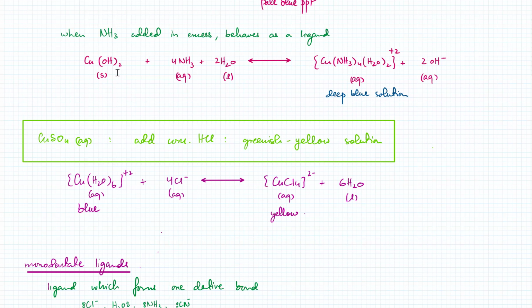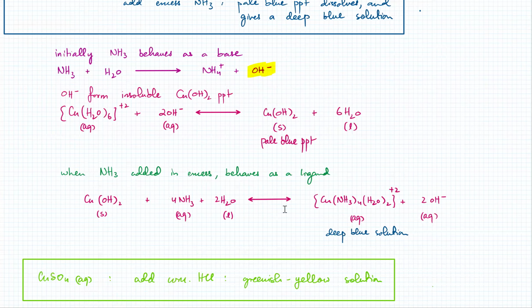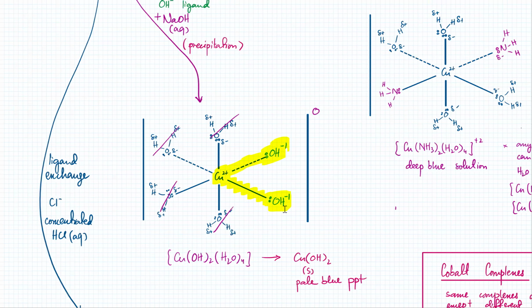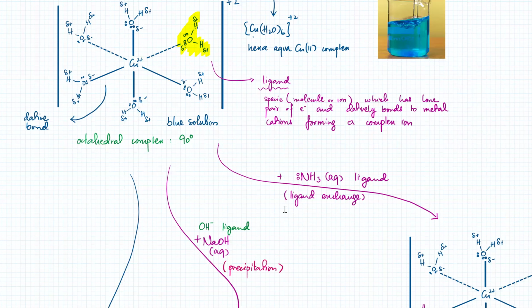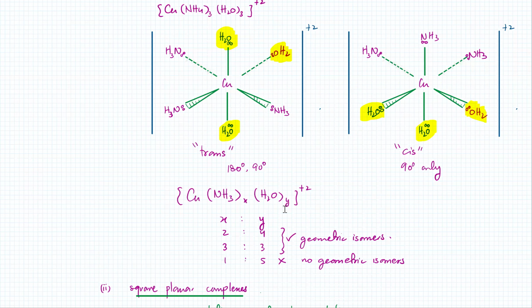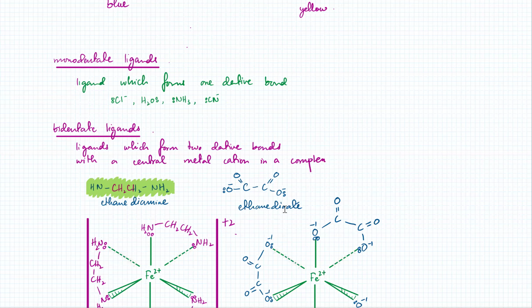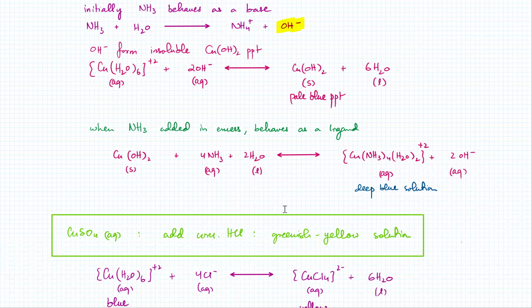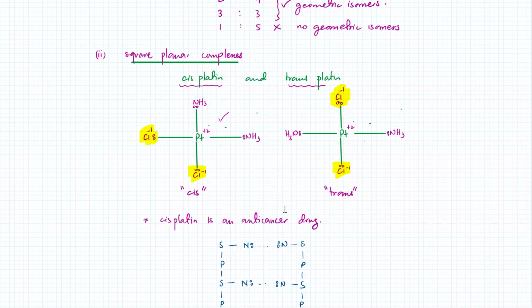This is not really ligand exchange, that was a precipitate dissolving to form a complex. So we can look in the past paper and we'll find more equations. But I'll just write one more.